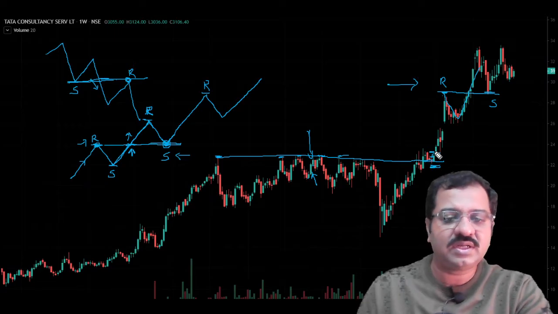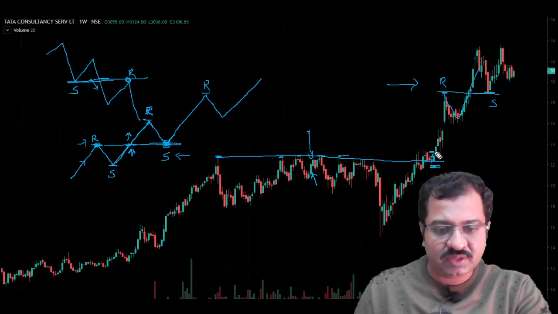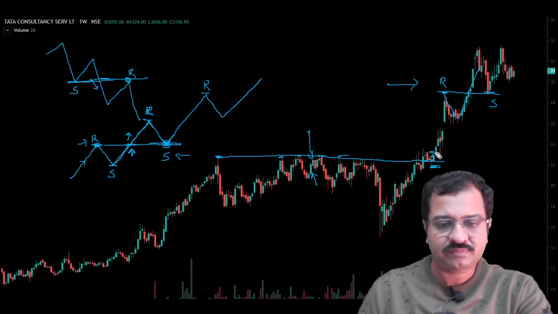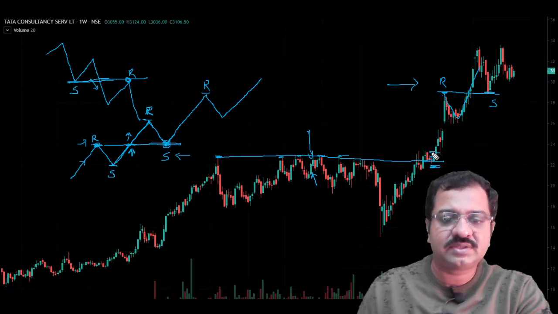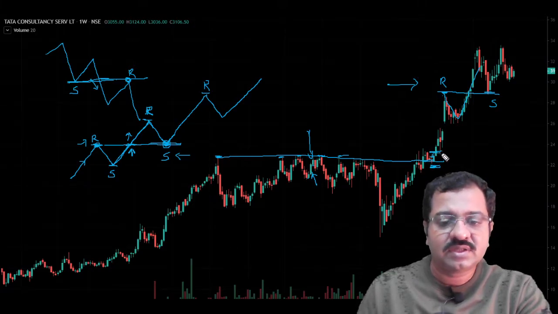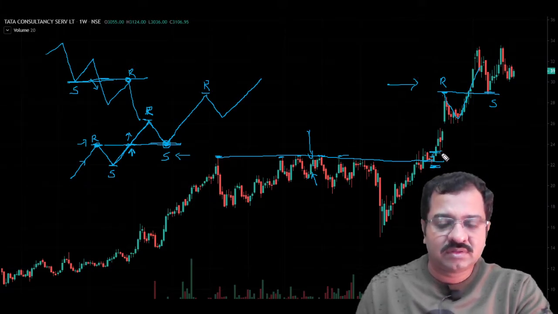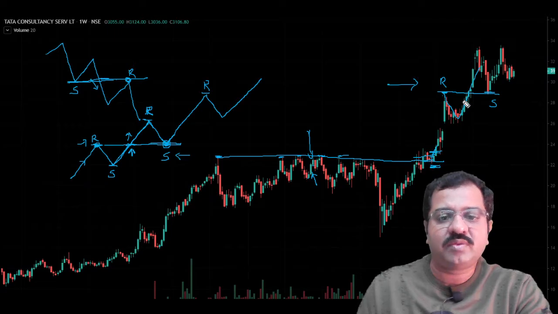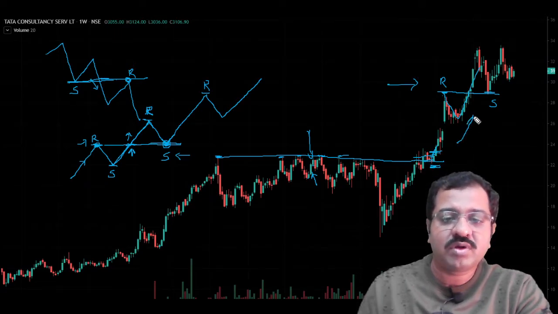And we generally trade around the key levels. Key levels are strong support and resistance levels. So most of the time we take our trades near the support and resistance levels, and if you observe, when this resistance level was broken, prices moved up very quickly.